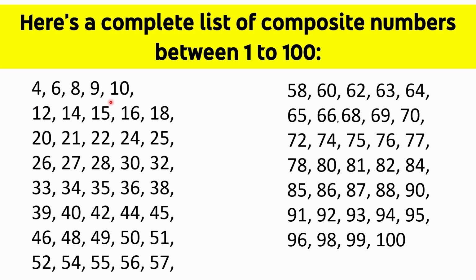We have 4, 6, 8, 9, 10, 12, 14, 15, 16, 18, 20, 21, 22, 24, 25, 26, 27, 28, 30, 32, 33, 34, 35, 36, 38, 39, 40, 42, 44, 45, 46, 48, 49, 50, 51, 52, 54, 55, 56, 57, 58, 60, 62, 63, 64, 65, 66, 68, 69, 70, 72, 74, 75, 76, 77, 78, 80, 81, 82, 84, 85, 86, 87, 88, 90, 91, 92, 93, 94, 95, 96, 98, 99, 100. So these are composite numbers.